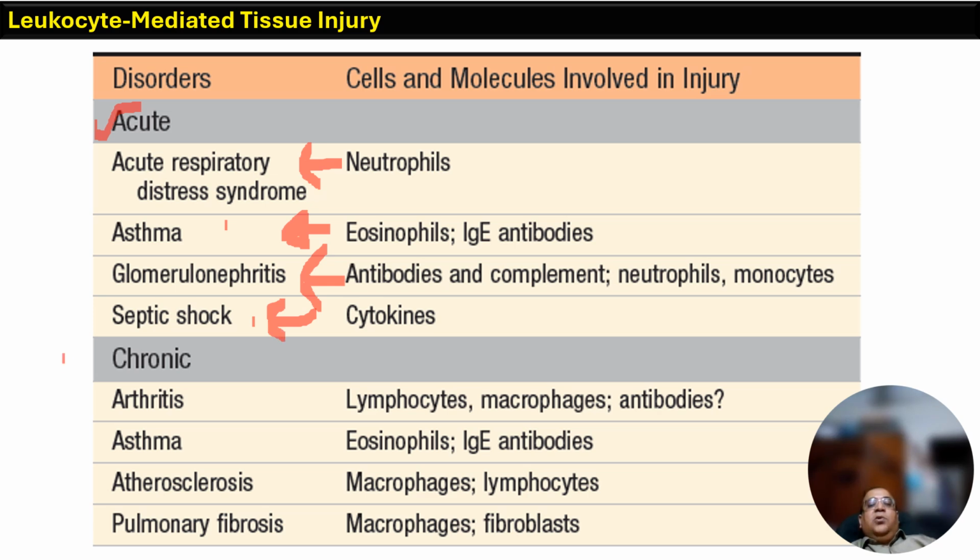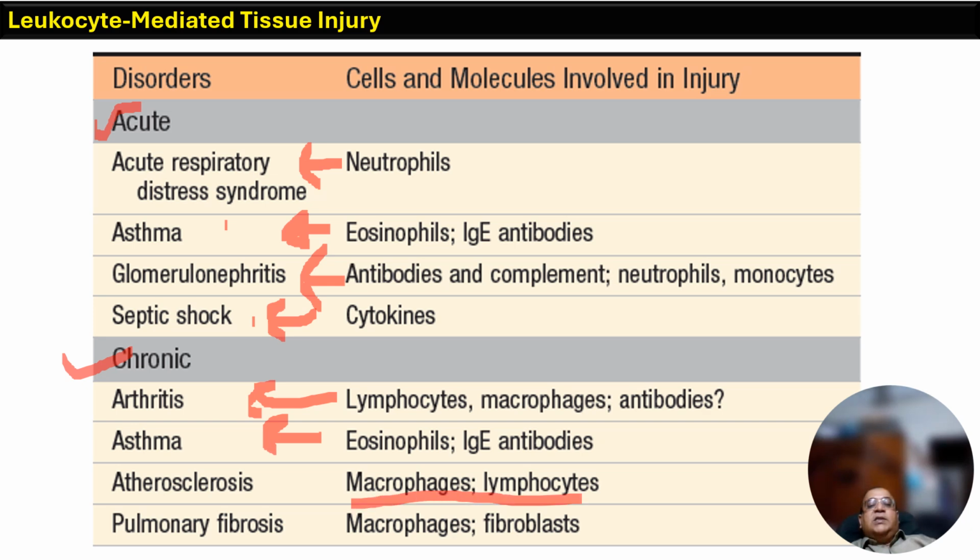Then in chronic conditions, lymphocytes, macrophages, and antibodies are implicated in arthritis. Eosinophils and IgE antibodies are implicated in asthma.